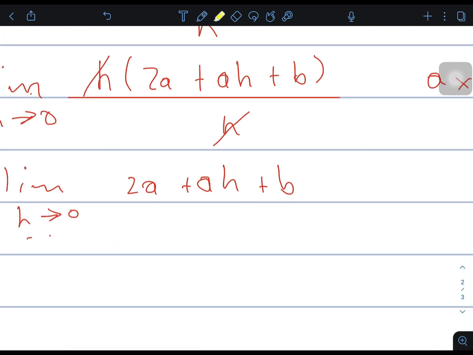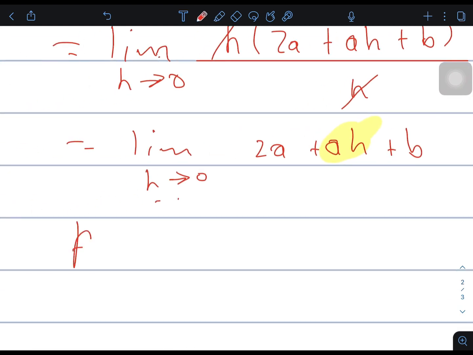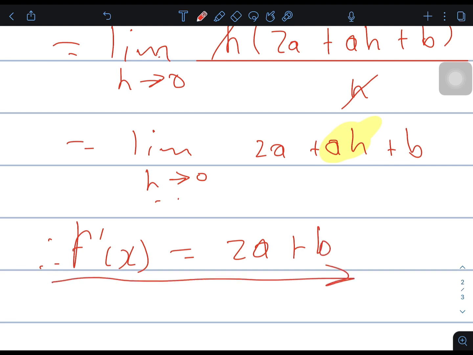So this one would be cancelled out. Therefore f prime, the first derivative, is 2a plus b. Yeah, well guys, it's simply done.